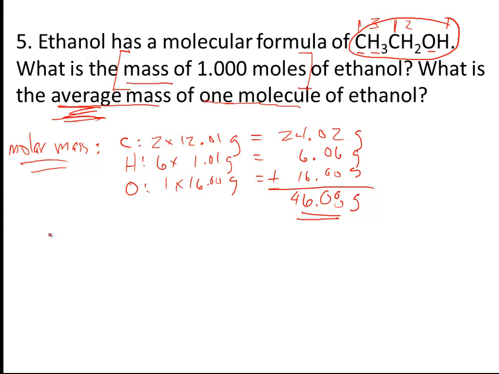So what we do here is this is the mass for 1 mole. I'm going to rewrite this. This will be our given. So this is grams per mole. And we're going to use the relationship. We know that 1 mole is equal to 6.022 times 10 to the 23rd objects.